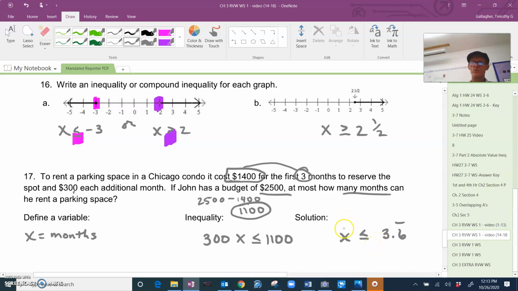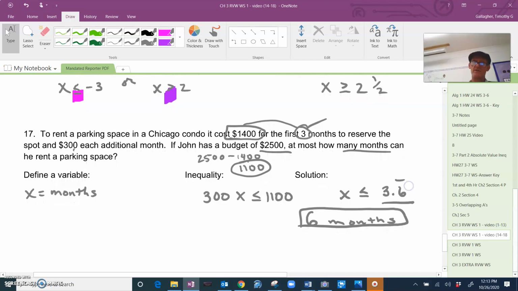So if you do the math on that, you're going to get 3 months because he can't afford 4 months. So it's 3 months plus this 3 months, so 6 months is what he's going to get. That's the most he can do. At most, less than or equal.